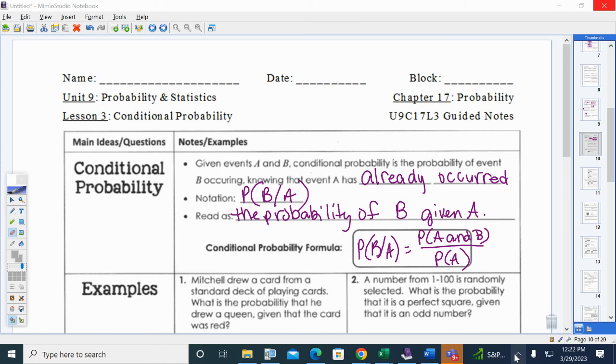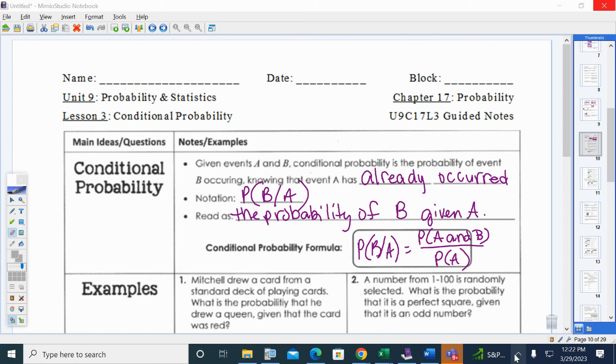This video is on chapter 17, lesson number 3 on conditional probability. For conditional probability, given events A and B, conditional probability is the probability of event B occurring knowing that event A has already occurred.